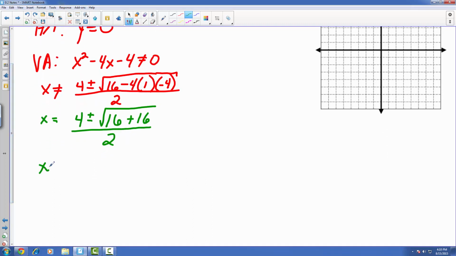And so then even just cleaning this up a little bit more, we have 4 plus or minus the square root of 32 all over 2. And then we're just going to have to do some good and garbage with this square root of 32. We can break that up into square root of 16 being our good radical, and our bad one we'd still have 2. So in other words, I just broke up 32 into 16 times 2.